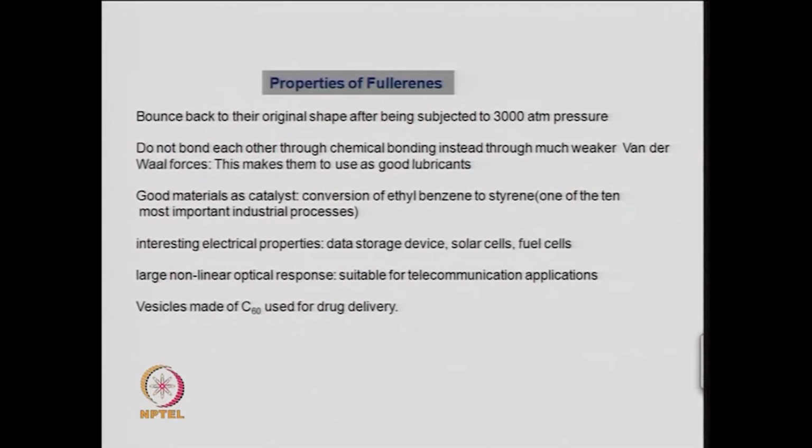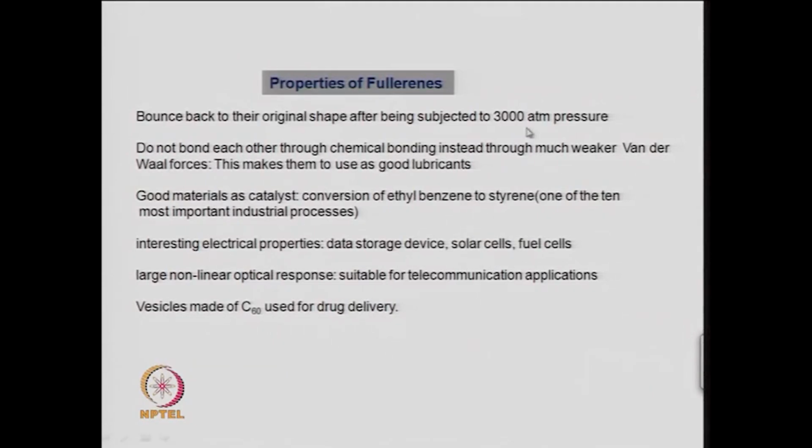Now, fullerenes, if you apply external pressure from outside, very high pressure like 3000 atmospheres. We are at 1 atmosphere. Now, imagine 3000 times that pressure falling on an object.